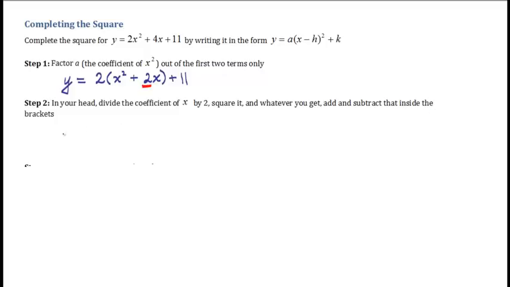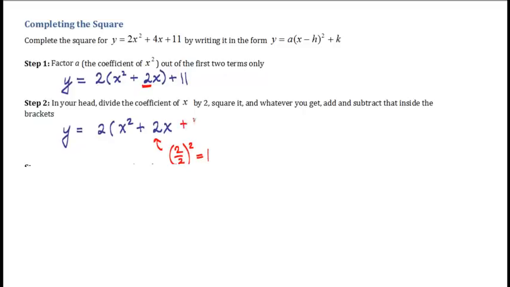So now I will have y equals 2 times x squared still, and now the coefficient in front of my x is 2, and now I need to divide this by 2 and square it. So 2 divided by 2 is just 1, and 1 squared is also 1.